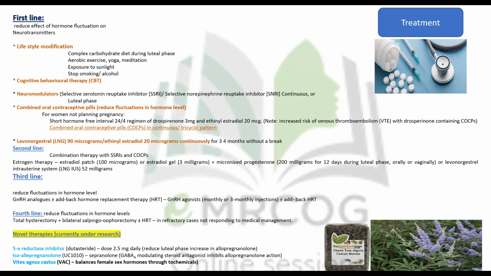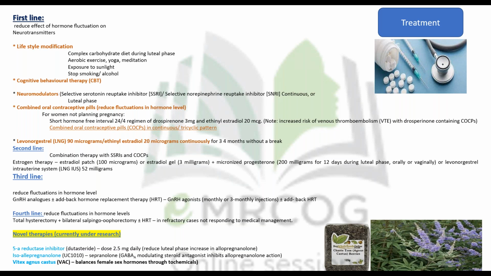So, number one, we are trying to reduce the effect of hormone fluctuation on the neurotransmitters by lifestyle modification. Like advising the woman to have a complex carbohydrate diet during the luteal phase, aerobic exercise, yoga, meditation, exposure to sunlight, stopping smoking and alcohol.